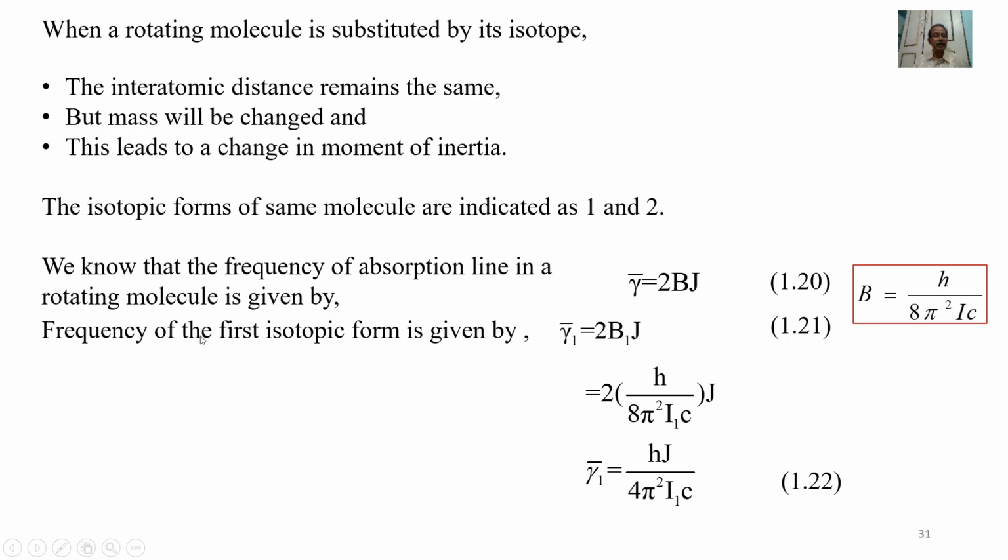The frequency of the first isotopic form is given by nu1 bar, which is equal to 2B1J. And we know that B equals h divided by 8 pi squared Ic. So substituting the value for B1, we have 2 times h divided by 8 pi squared I1c times J. So nu1 bar is equal to hJ divided by 4 pi squared I1c, equation 1.22.